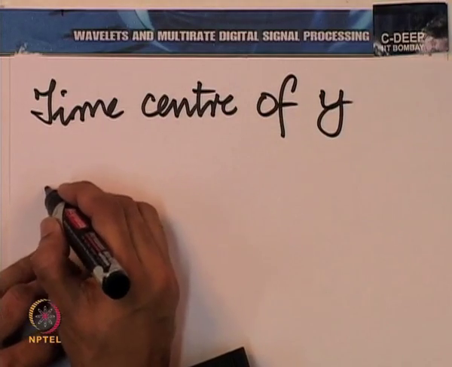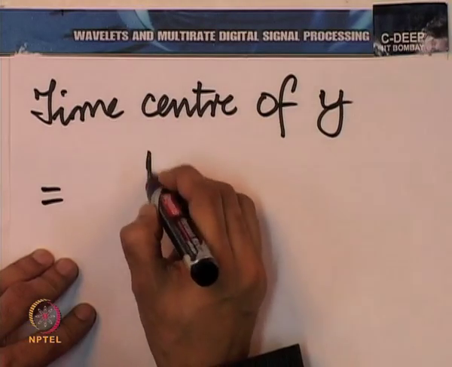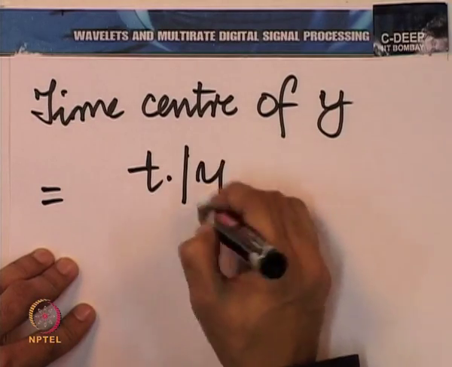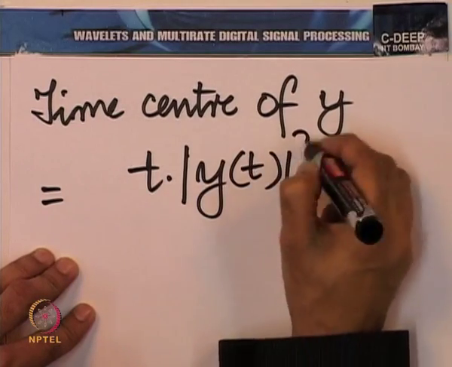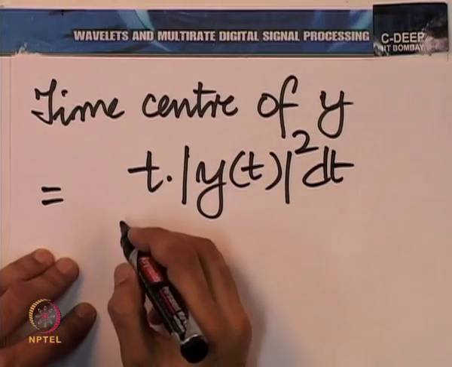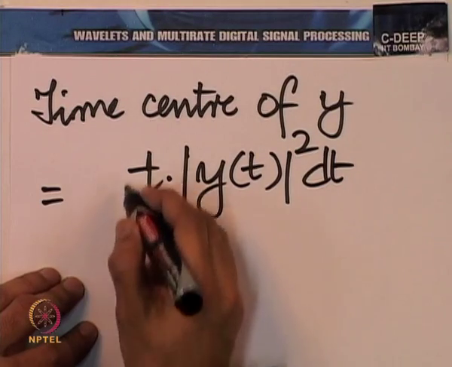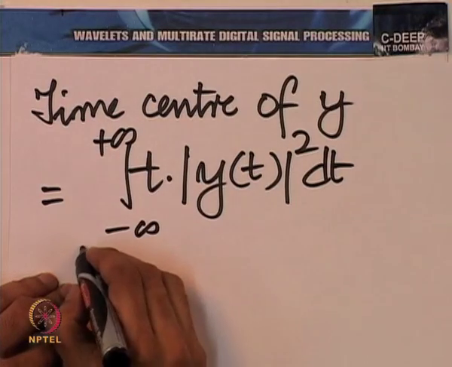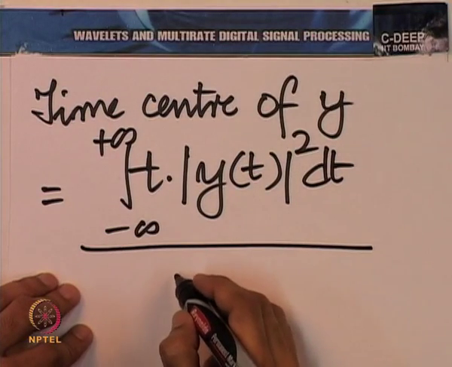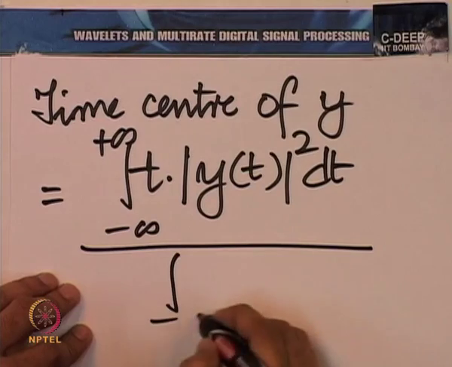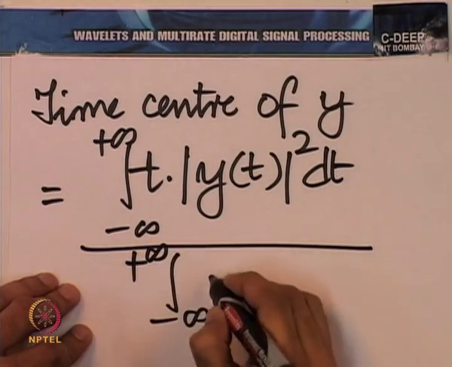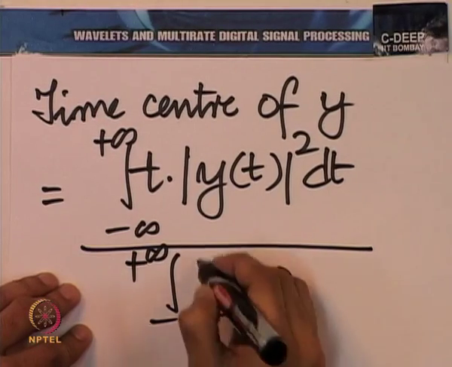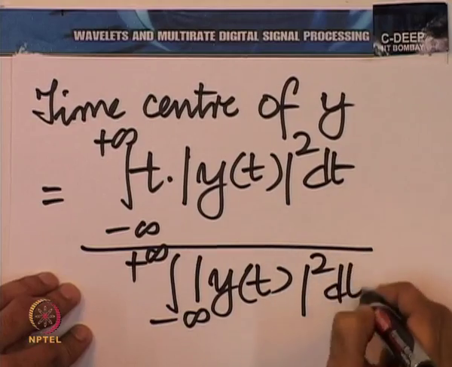The time center of y is going to be given by t times mod y t squared dt integrated, divided by the integral of mod y t squared dt.